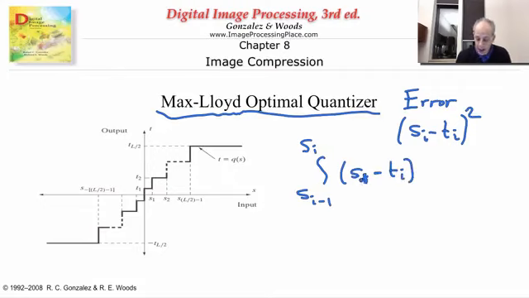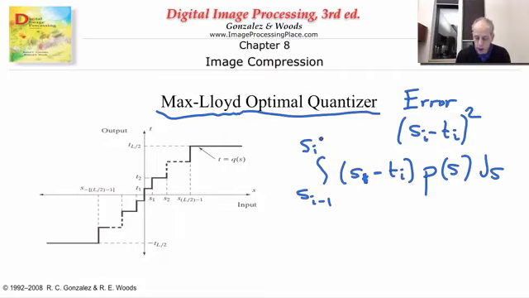You get S, you represent it with T. That's your error, but you also have to multiply by the probability of that value appearing. If it never appears in your input data, then you don't care about it because you're never going to make an error. And then you integrate over S.